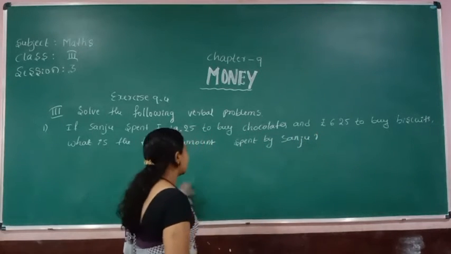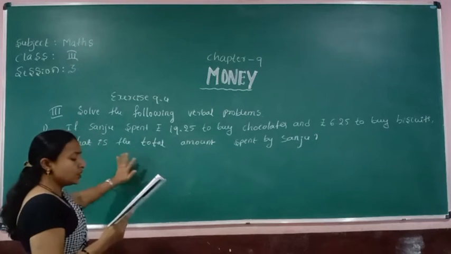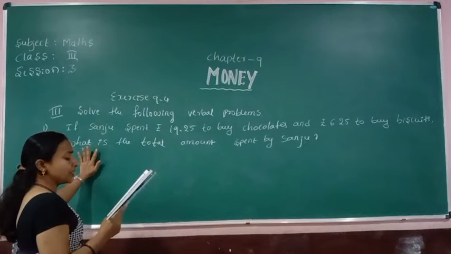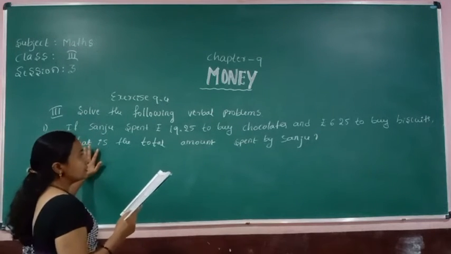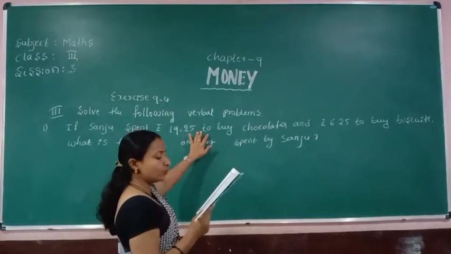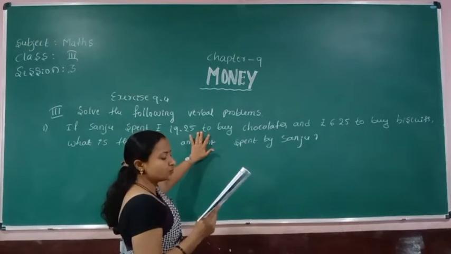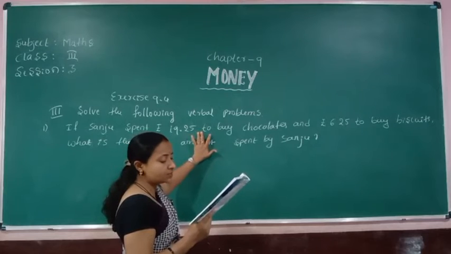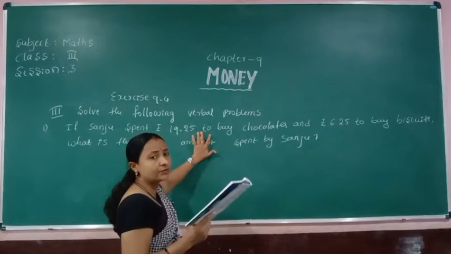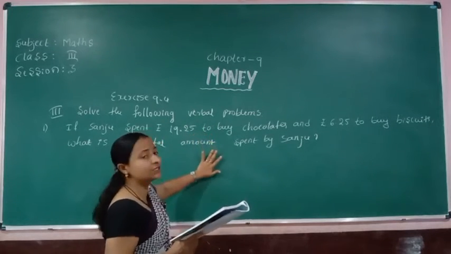They ask for the total amount here, no? So what will we do here? First, Sanju spent 19 rupees 25 paise to buy chocolates and 6 rupees 25 paise to buy biscuits. So what is the total amount spent by Sanju? How much did he spend in total?